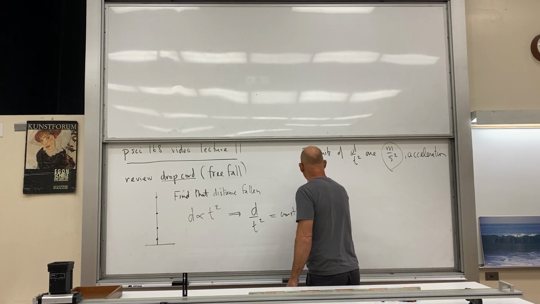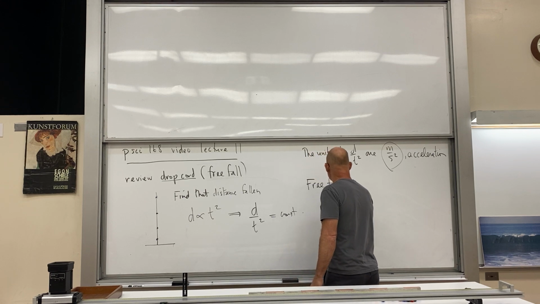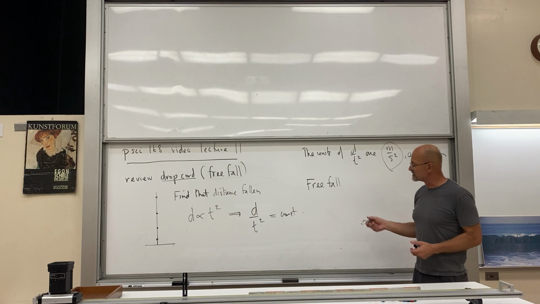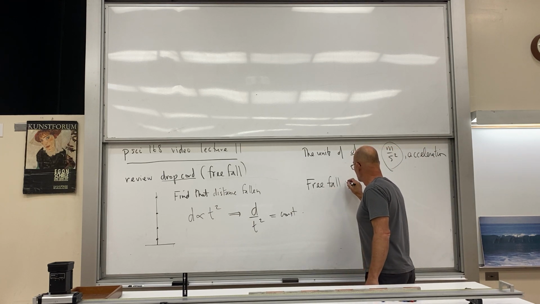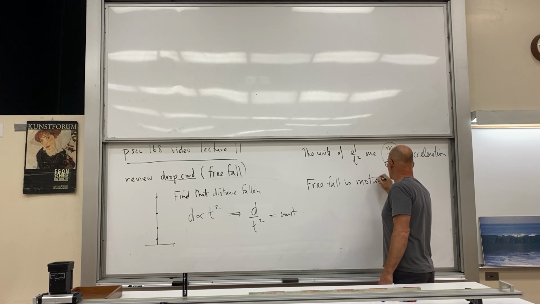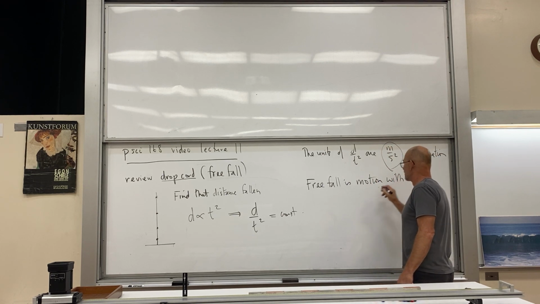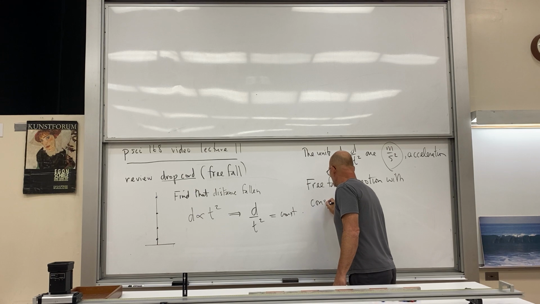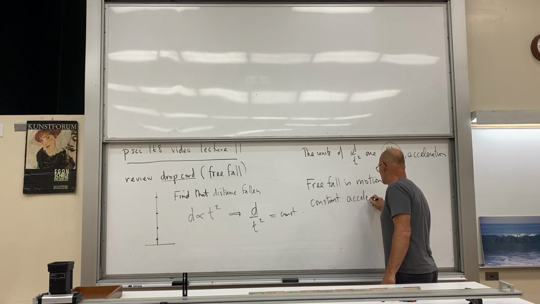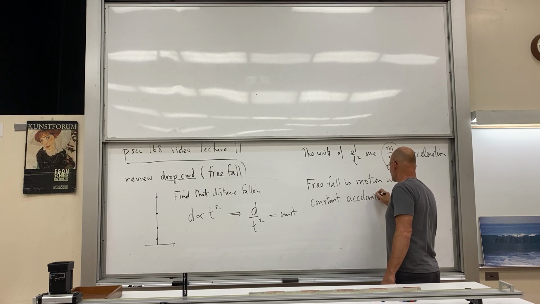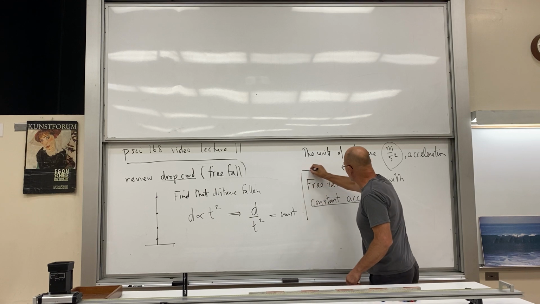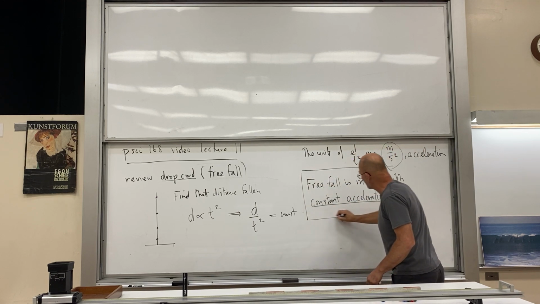So free fall is motion with constant acceleration. We already knew it was accelerated because the speed is changing. But we know more now: motion with constant acceleration. Very important.